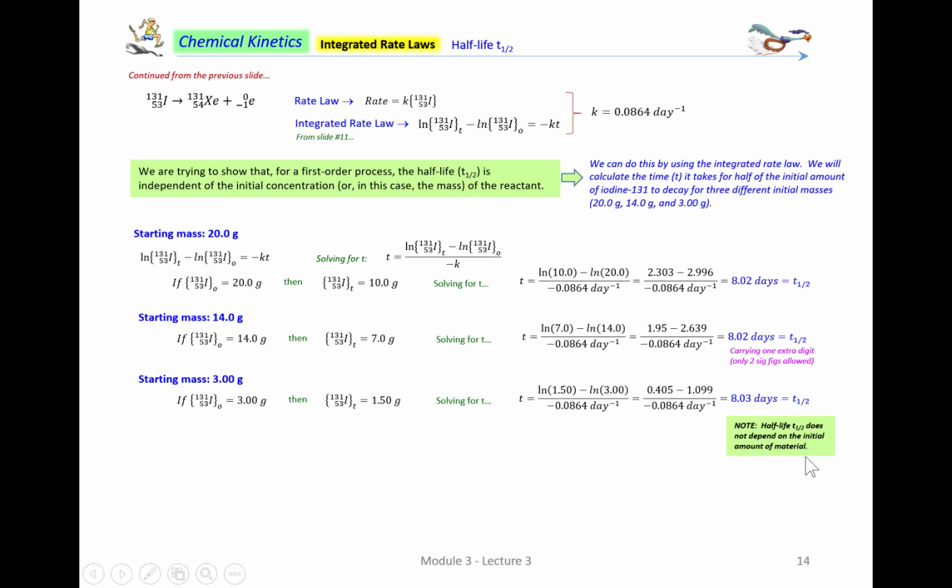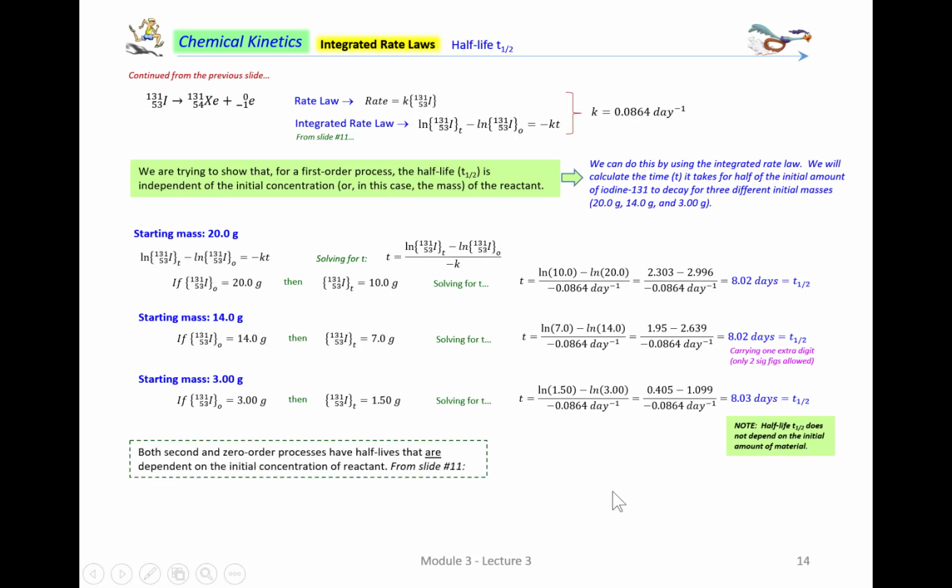Whether we started with 20 grams, 14 grams, or 3 grams, the time it takes for half of that to disappear is the same. So it makes sense that the half-life expression for a first order process does not have the initial concentration in it. It does not depend on the initial concentration. Now, both the second and zero order processes have half-lives that are dependent on the initial concentrations of reactants.